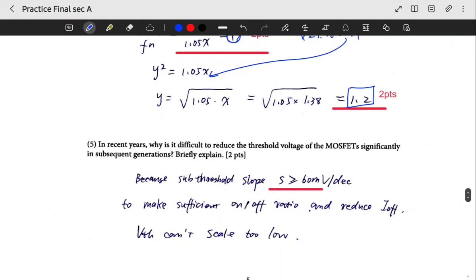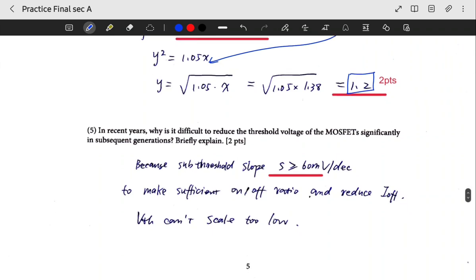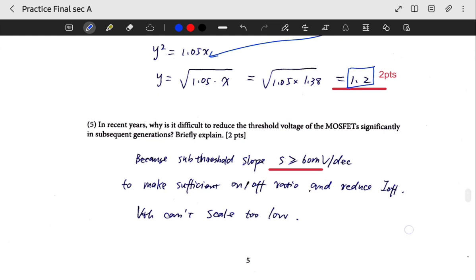Number 5, in recent years, why is it difficult to reduce the threshold voltage? The answer is because we want to maintain the subthreshold slope greater than 60 millivolt per decade. This allows us to have a sufficient on-off ratio. We need to have some margin, so that's why we want to keep it greater than or equal to 60 millivolt per decade.